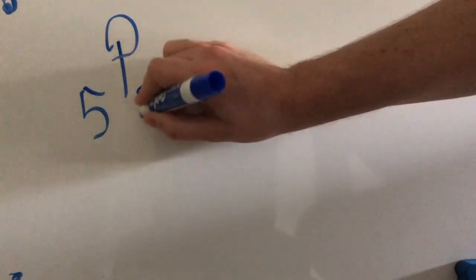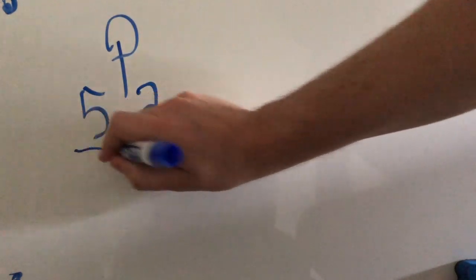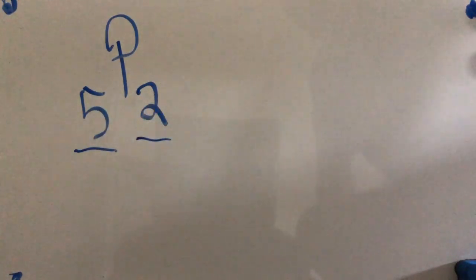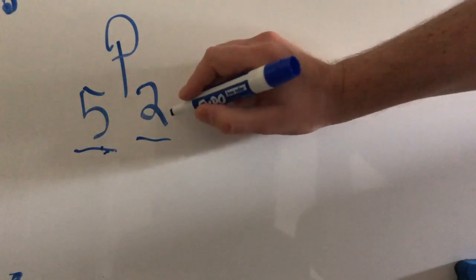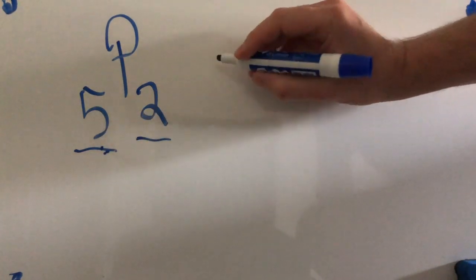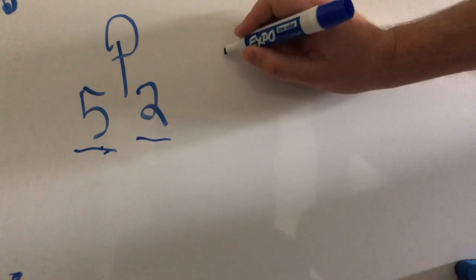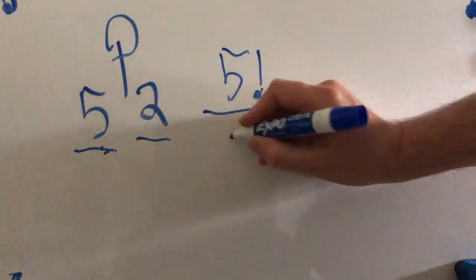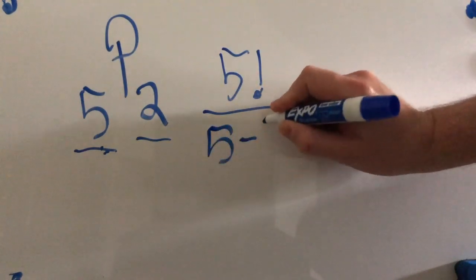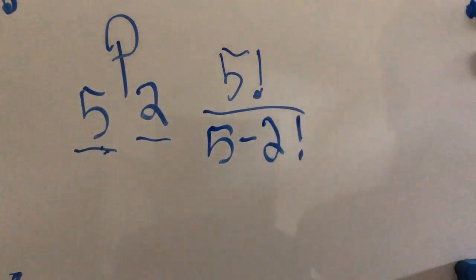This is what we just ended with. Now remember, this is the larger number, this is the smaller number. So this is going to be the total. This is how many ways. So if I have a total of 5, and I'm choosing 2, I'm going to put the factorial of 5 on top, and 5 minus 2 factorial at the bottom.